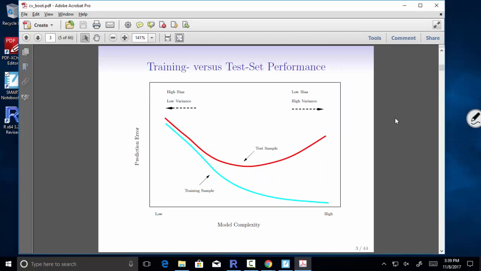The general idea is that less complicated, simpler models will tend to be more biased in their ability to represent a real-world relationship. Like a simple linear regression model, I'm going to say that height is linearly associated with weight. That's generally true, but it's not perfectly linear.